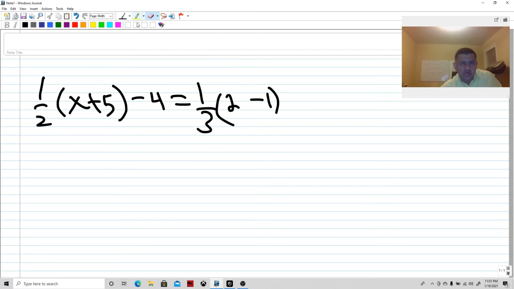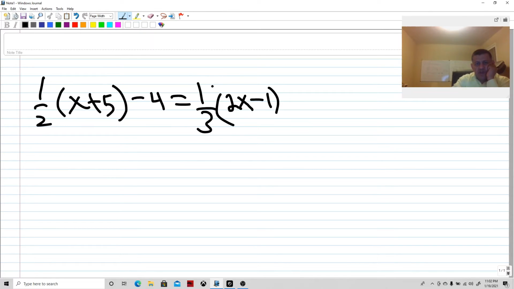All right, so we have right here an equation. The first step should be to analyze the equation and see that on both sides we have a fraction.